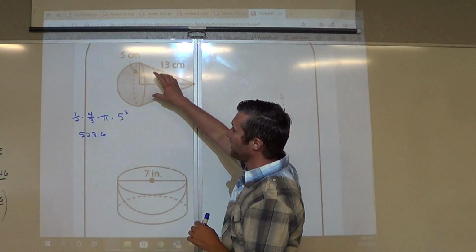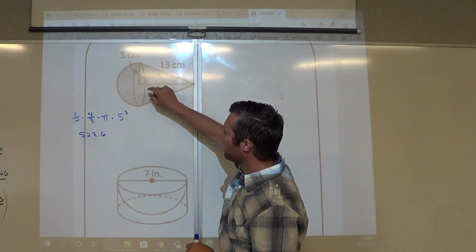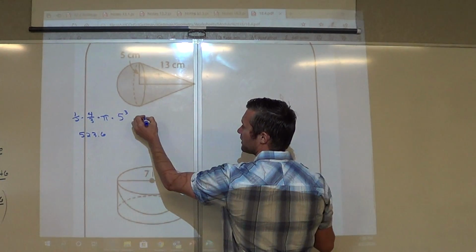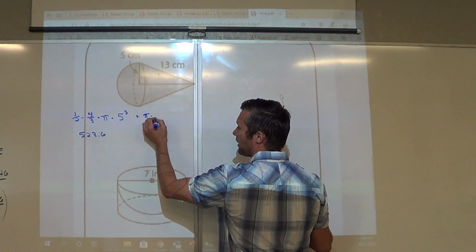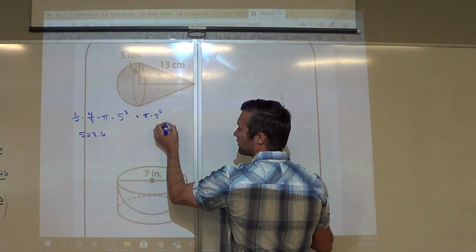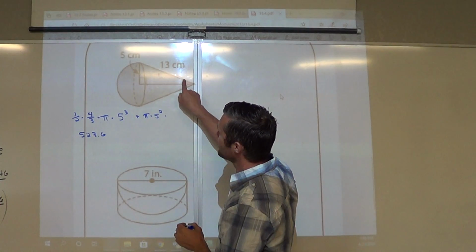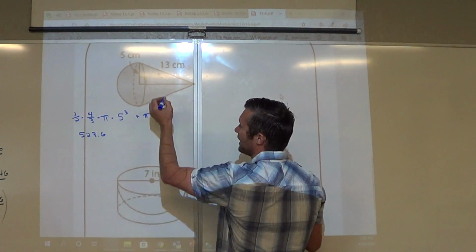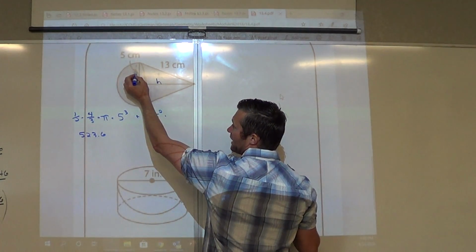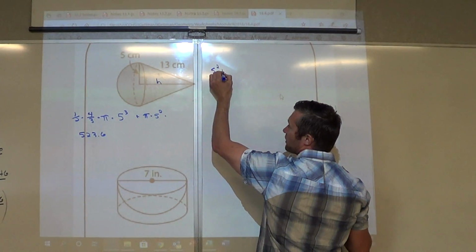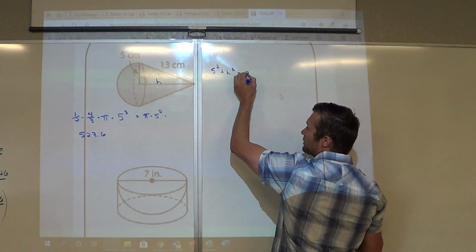Now, if we go to find the volume of our cone, it's pi times my radius, radius is still 5 squared, times my height. Well, this is my slant height. I need to know this height right here. So once again, I have to go 5 squared plus h squared equals 13 squared.